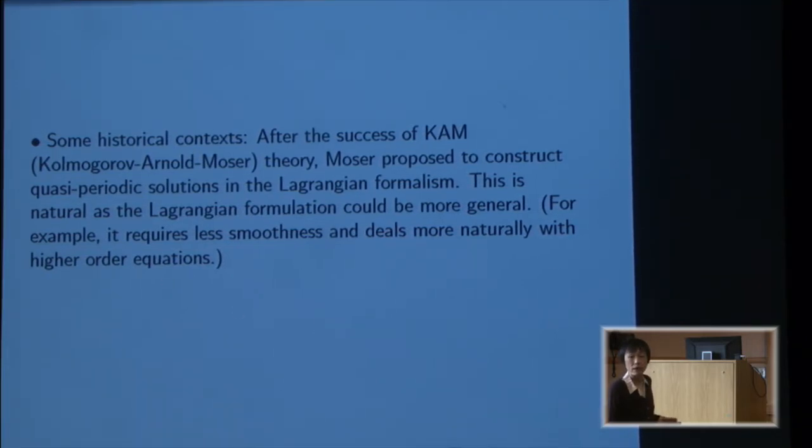Just to clarify language, when you talk about Lagrangian formalism, you mean let's work with Euler-Lagrange equations, second order? No, I just mean, I'm taking the specific example of nonlinear wave equation. It's second order in time. I do not mean a variational calculus looking for critical points.